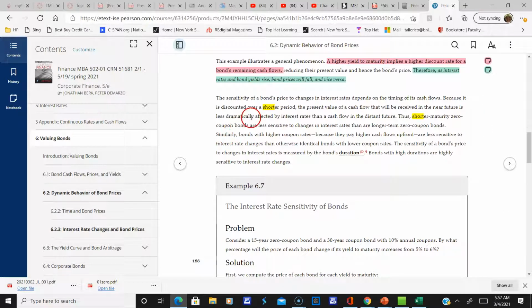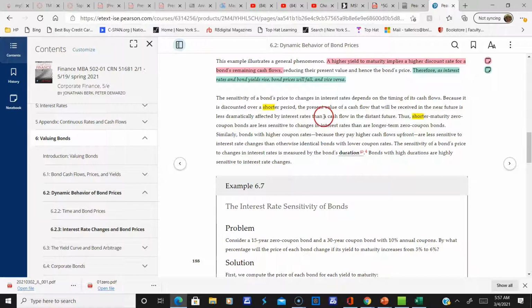All right, so the sensitivity of a bond's price to changes in interest rates depends on the timing of its cash flows. It's discounted over a short period. The present value of a cash flow that will be received in the near future is less dramatically affected by interest rates than a cash flow in the distant future.